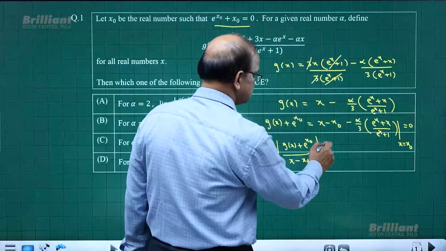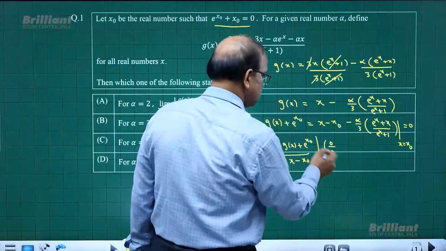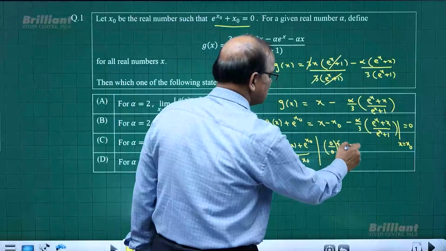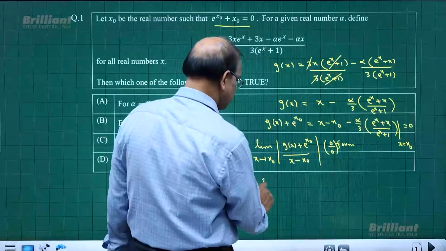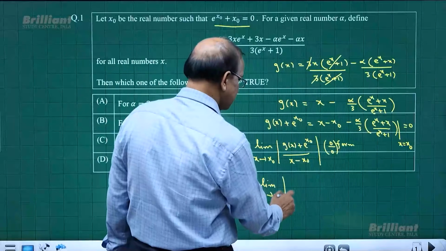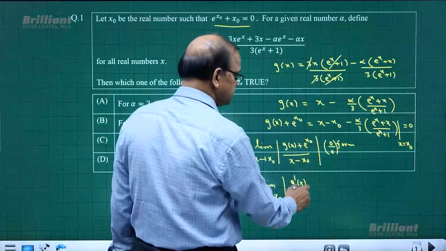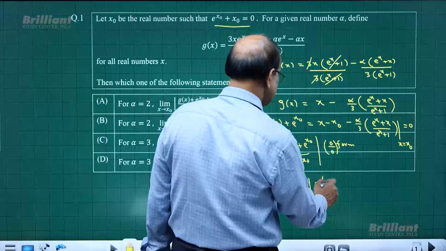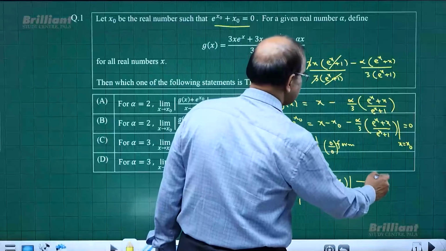See, this is a 0 by 0 form at x naught. So I will apply L'Hospital's rule. The limit as x tends to x naught of g dash x, this is constant, by 1. So it is nothing but g dash x naught.